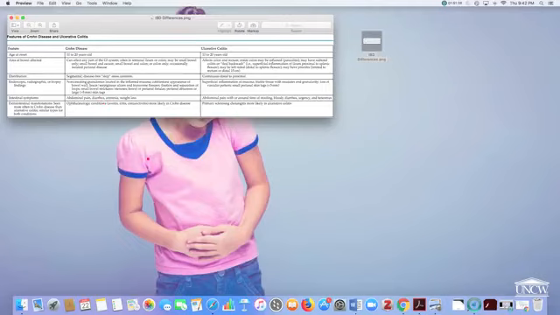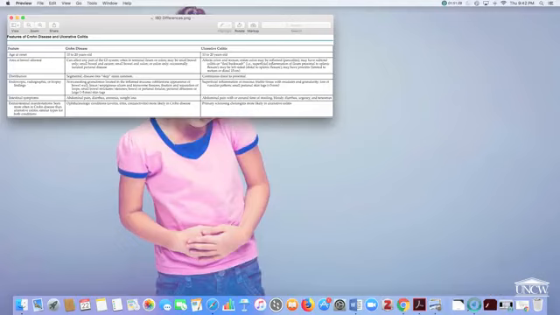Okay, so how are you going to manage these kids? If you have a child who comes in with what you think might be Crohn's or ulcerative colitis, I want you to be very careful about what you are considering ordering for these children. The laboratory studies that search for Crohn's and ulcerative colitis are very expensive, okay?